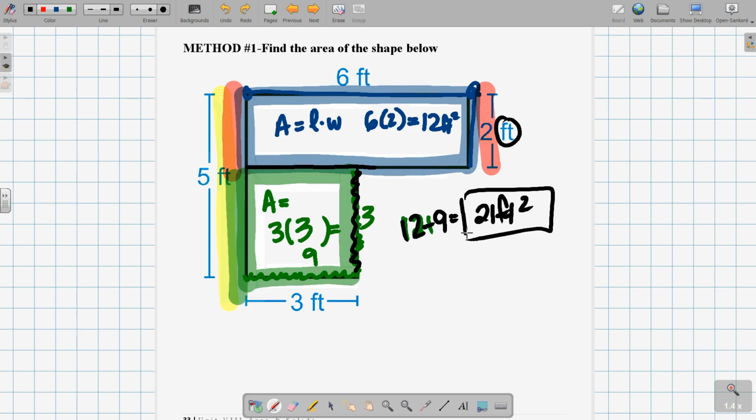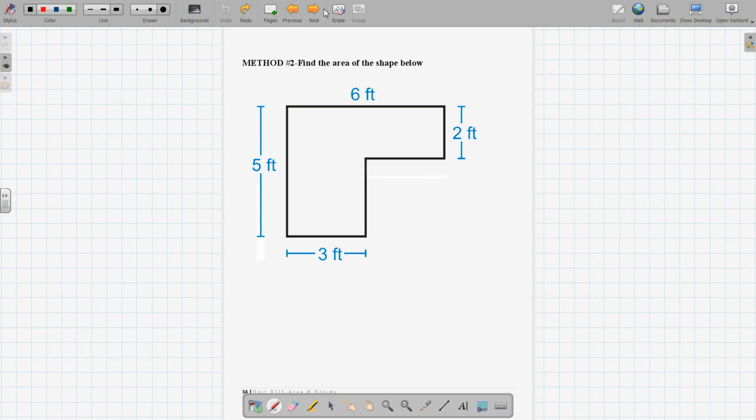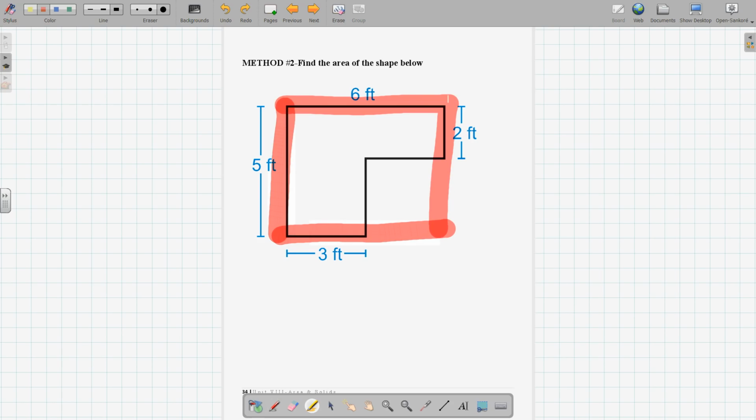So that's one way to look at a composite shape. It's a combination of smaller shapes. Another way to take a look at it is what's called negative space. So I can look at this as one giant rectangle. And then we're going to take what's called the bite out space.